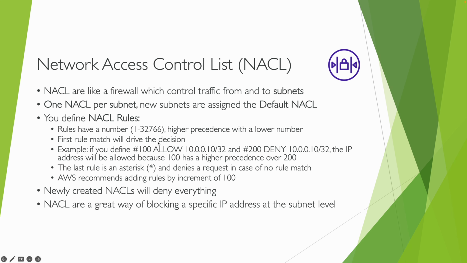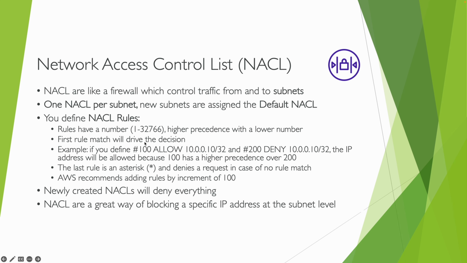The first rule match will drive the decision. For example, if you define rule 100 to allow a particular IP, and rule 200 to deny this IP, the IP will be allowed because 100 has higher precedence over 200.